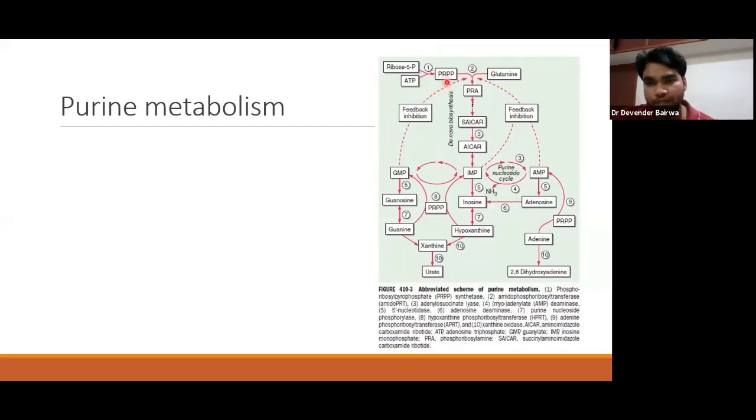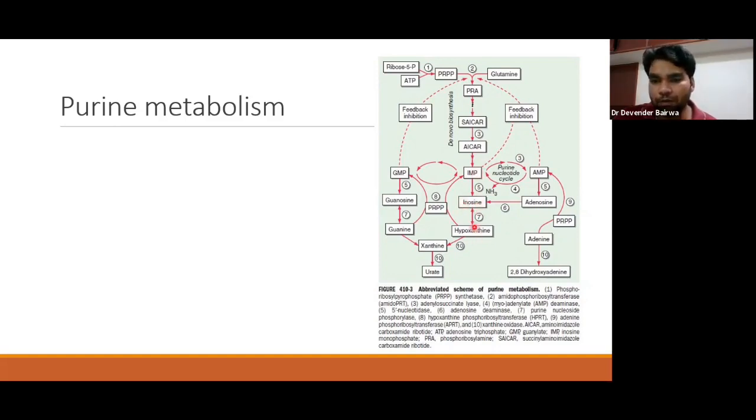Then PRPP combines with glutamine with the help of the enzyme amidophosphoribosyl transferase, amido PRT, which is the rate limiting step of the reaction. Then there is formation of PRA, formation of SICAR, SICAR forms ICAR, then formation of IMP, and IMP forms inosine.